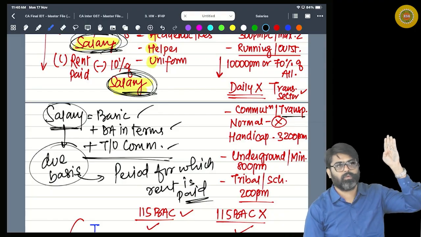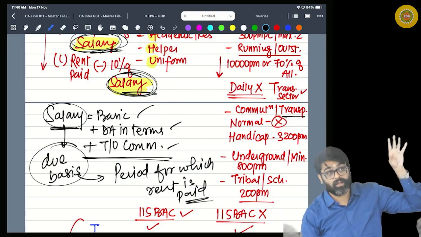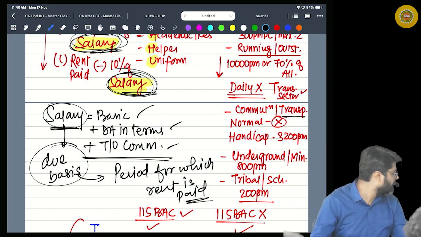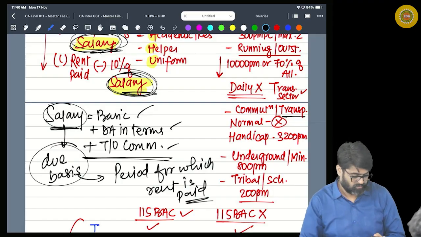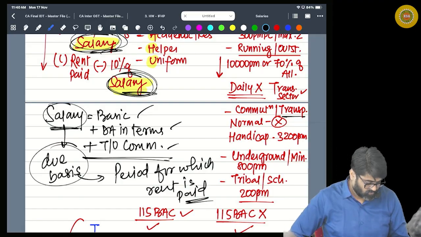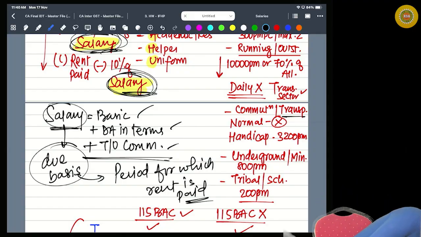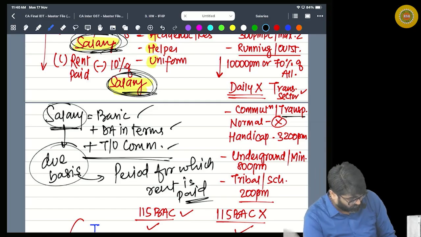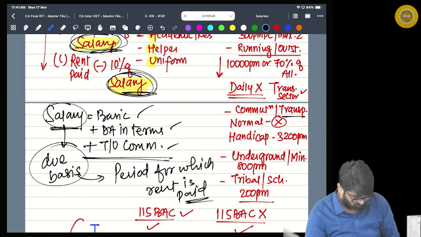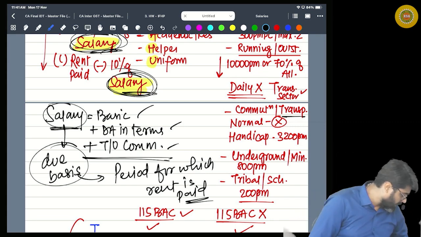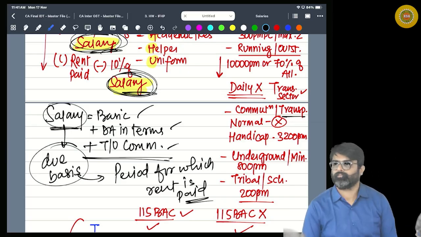My family, my native, my mother, father, my house is in Madurai, and I am coming to work here. So I will have to stay in a rented house in Chennai.